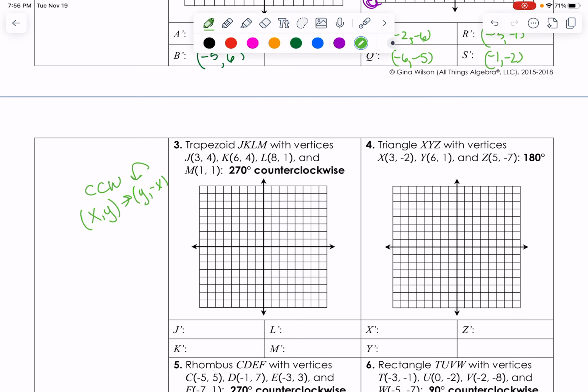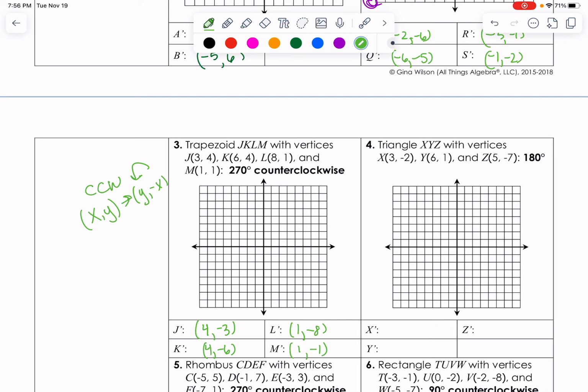So 3, 4 becomes 4, negative 3. K goes from 6, 4 to 4, negative 6. L goes from 8, 1 to 1, negative 8. And M goes to 1, negative 1.